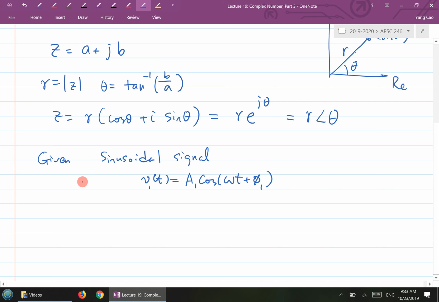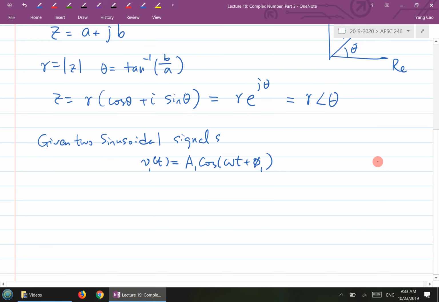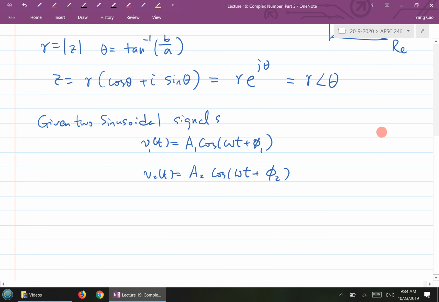Let's consider we have two sinusoidal signals. And now what would be the addition of the two sinusoidal signals? Even though they're cosine, we still call it a sinusoidal signal. So how would you add up two sinusoidal signals?